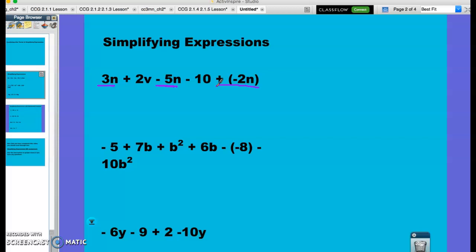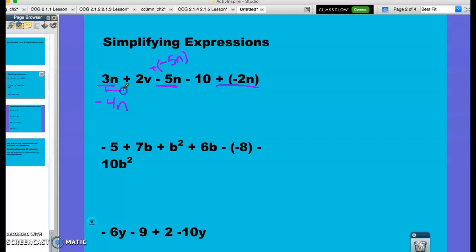So this minus 5n is the same thing as saying plus a negative 5n. So I've got a negative 5n and a negative 2n, and that gives me a negative 7n. And then plus the 3n gives me a negative 4n.